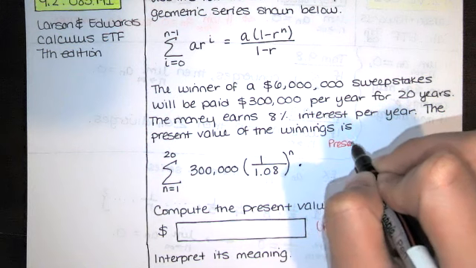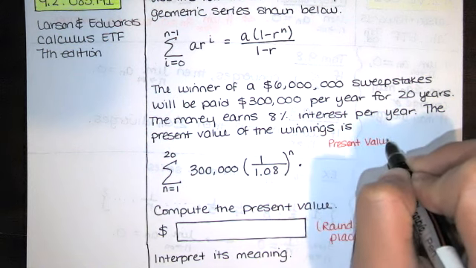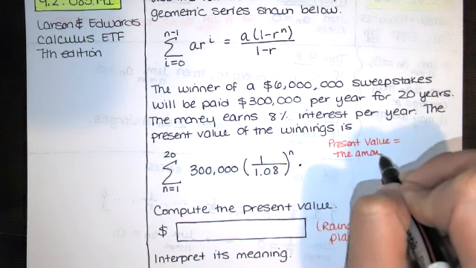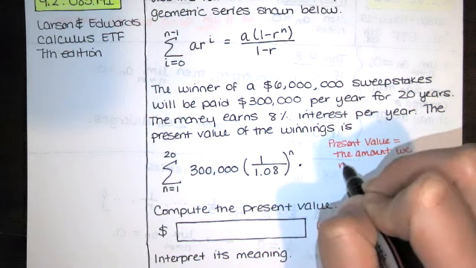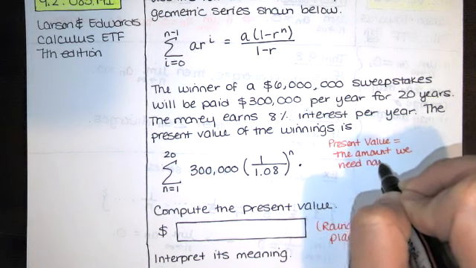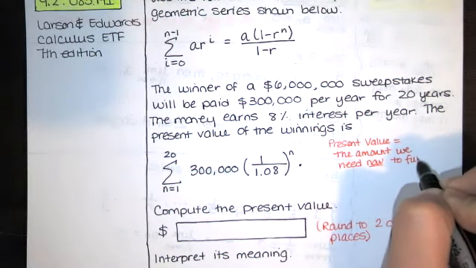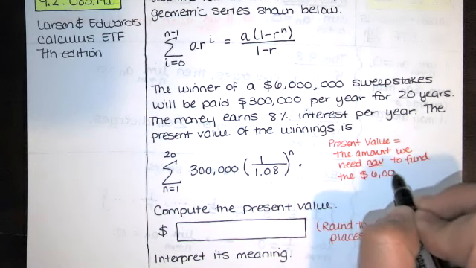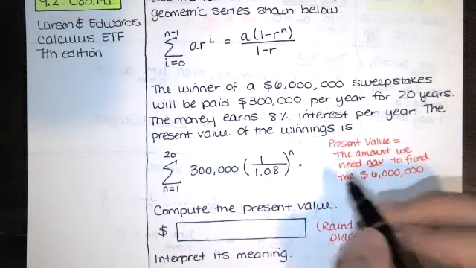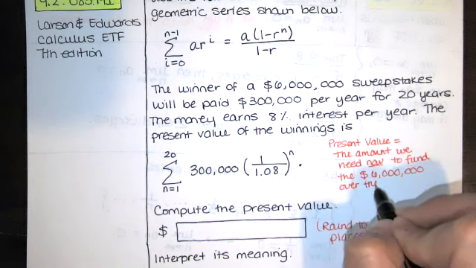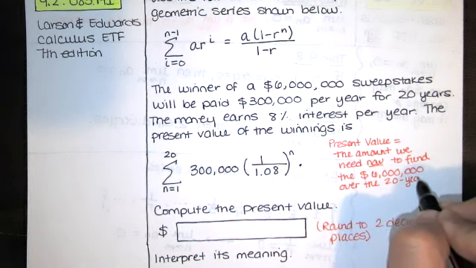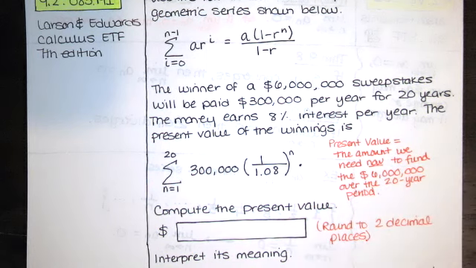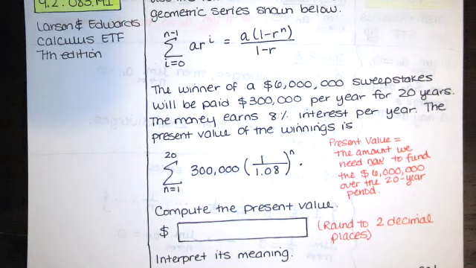Let me write it down. Present value is the amount we need now to fund the $6 million in payments over the 20-year period, provided that the entire time we have this money, it's earning 8% interest.